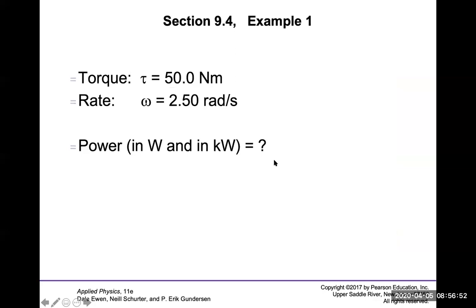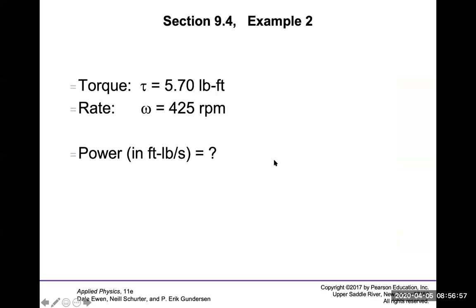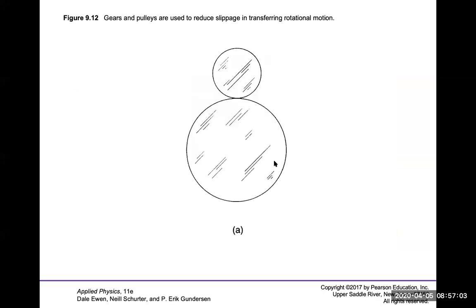Okay, so I think we did this problem. That was example 1, and we did this problem in horsepower. I think then we threw in something else. These are 2 drums, a small one and a big one, and they're part of a machine.